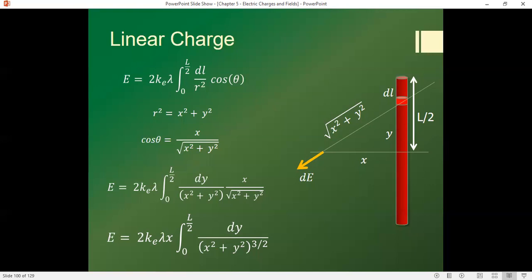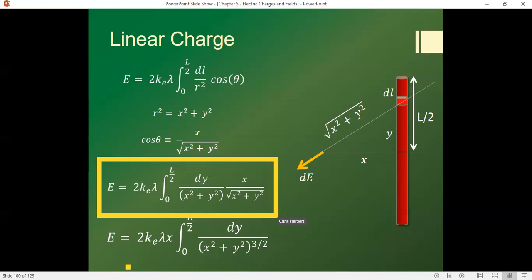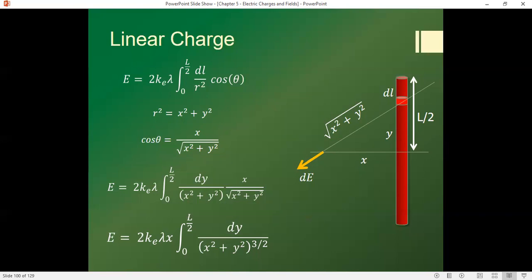ugly integral here. Here's what my integral looks like. And again, let's just identify which part is which. That was my cosine right there. That's my R squared right there. But you know, I can combine those two expressions. I know that this is x squared plus y squared to the first power, and this is x squared plus y squared to the 1/2 power.